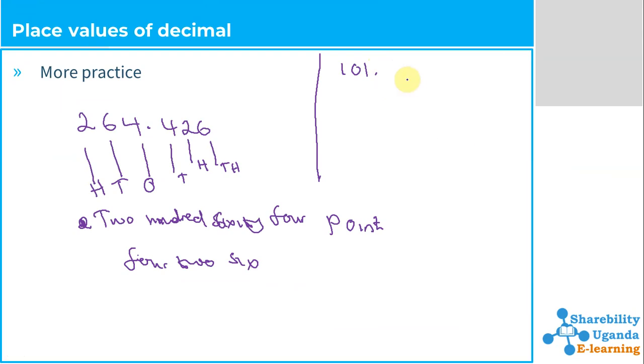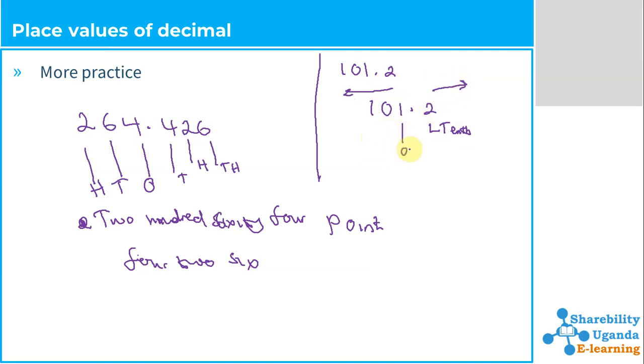101 point what? 101.2. So we can also arrange this very well, and we give each digit a place value, because here is a 2. We said this becomes 10, and then our number on the left goes this side, then also this goes this side. They go opposite.